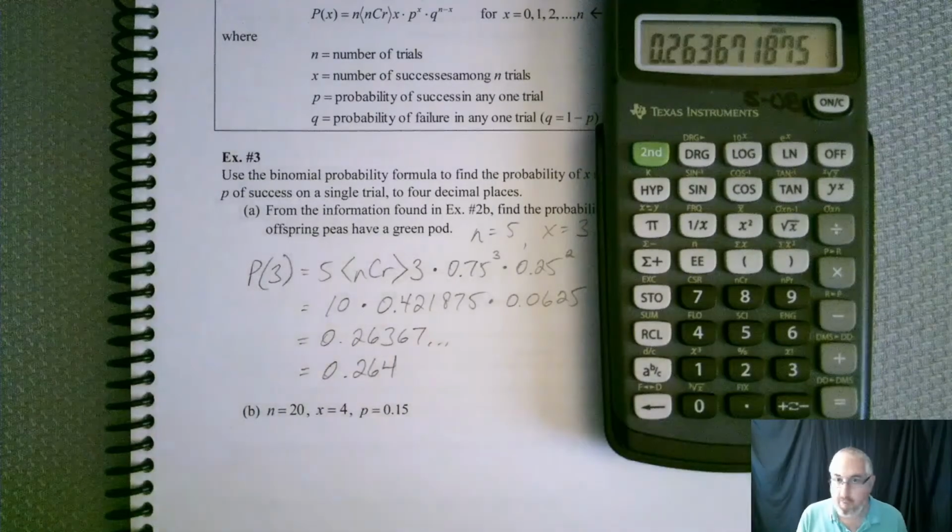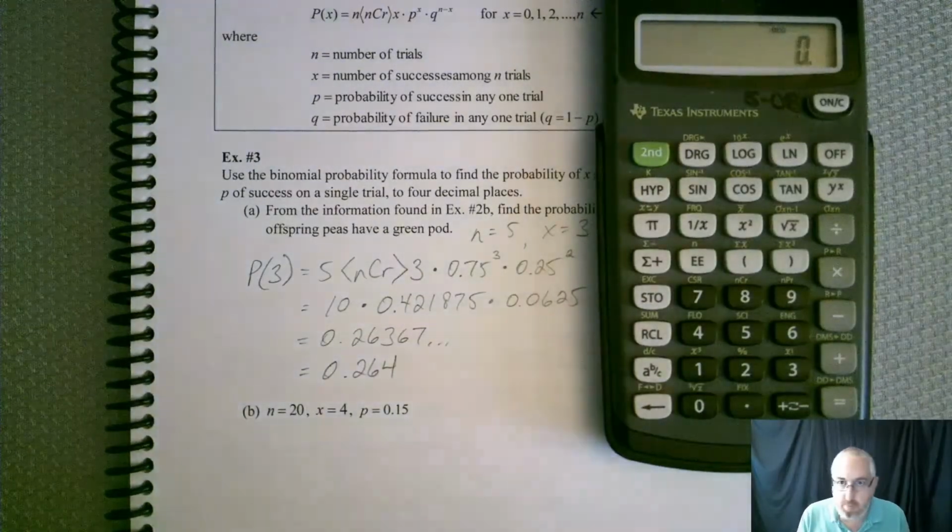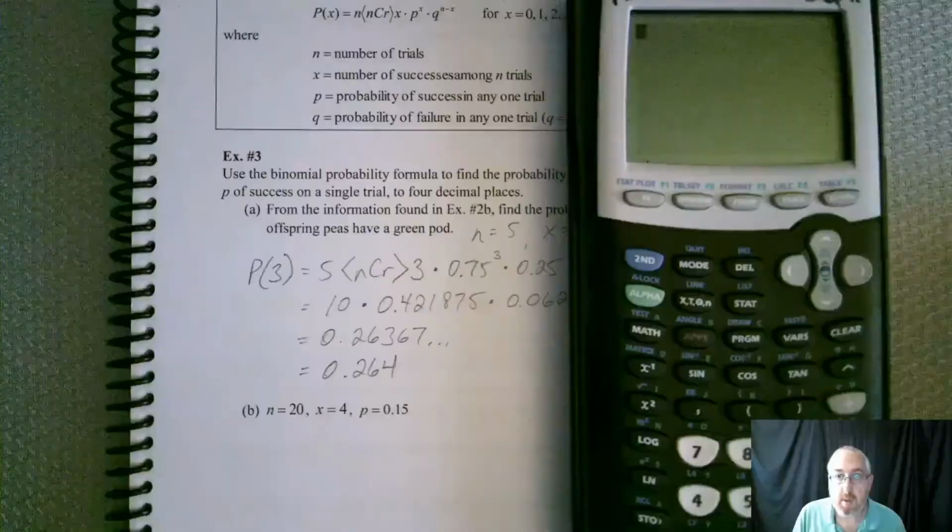So I didn't have to write down any of that work in between because I get the same answer. But like I said, before you jump to doing it all on your calculator, try to do it in phases just to make sure you got it down. And once you have it down, you should be fine.